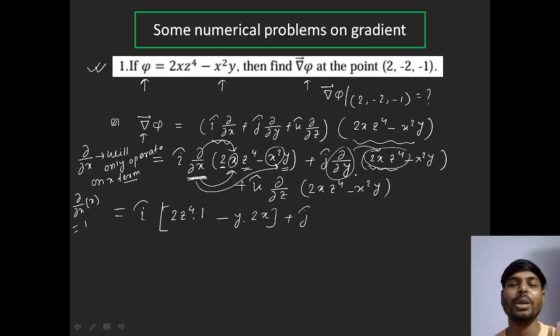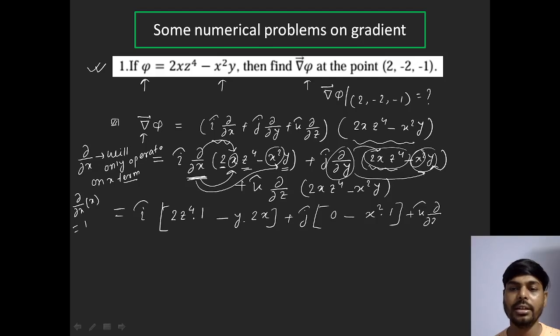Nobody can rescue them. So del y of the first term gives you 0 because there is no y term. So minus, but in the second term, when del y operates on this x square y, there is a y term. So x square remains as it is, and del y of y is equal to 1.